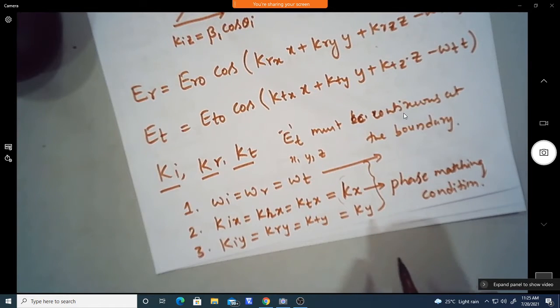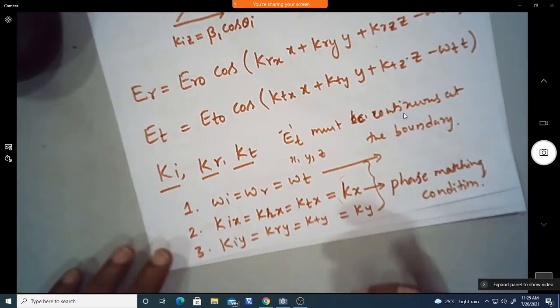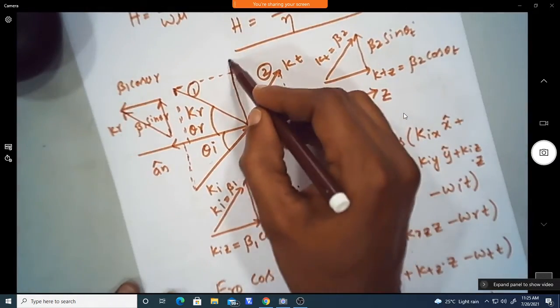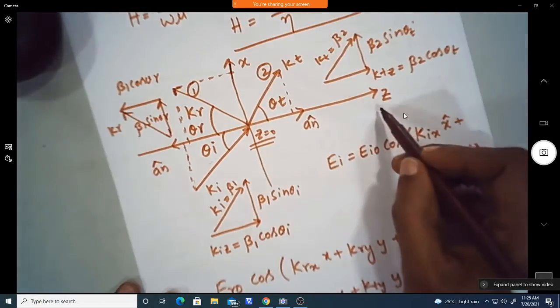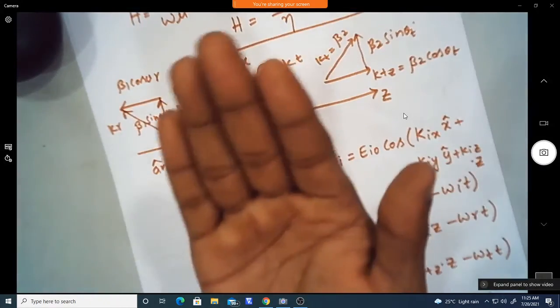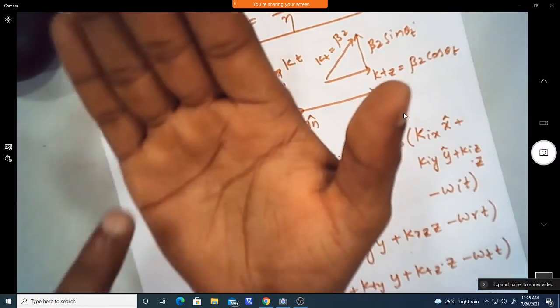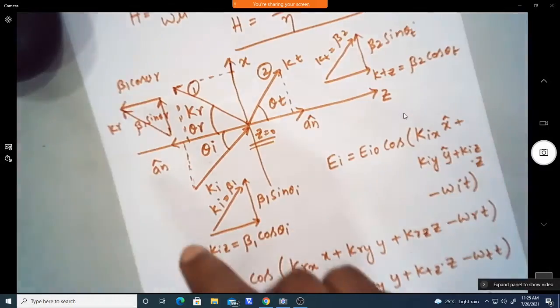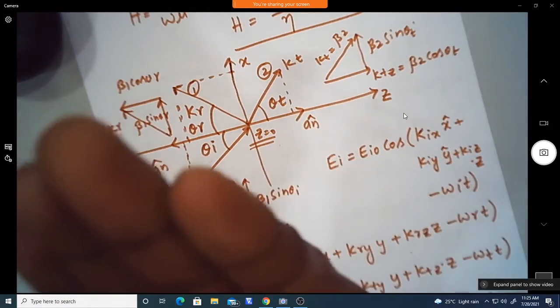That means whatever the ki, kr, kt are, those should lie in the same plane where the propagation happens. You can see here, if I consider this as x and this as z, and take the xz plane, then ki, kr and kt, the transmitted propagation vector, all lie in the same xz plane.